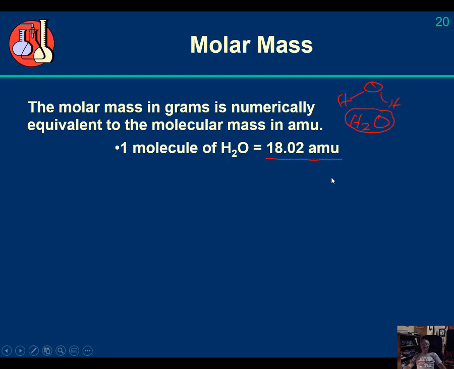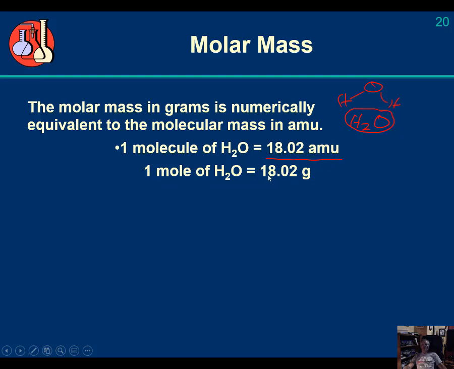Now here's the cool thing about the mole. If I have a mole of water, that means I have 18.02 grams of the stuff. So if I multiply this one molecule by 6.022 times 10 to the 23rd, I have 18.02 grams. So that's how I got 1 mole of water is equal to 18 grams.